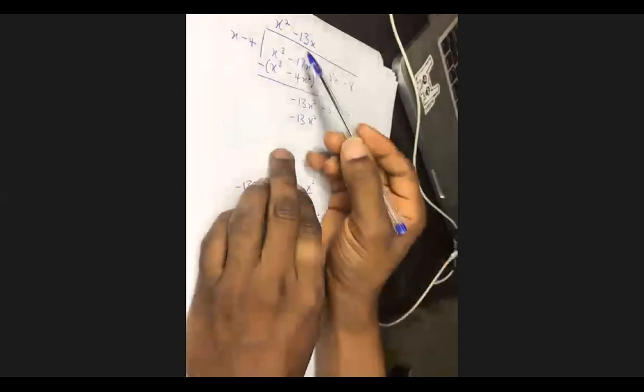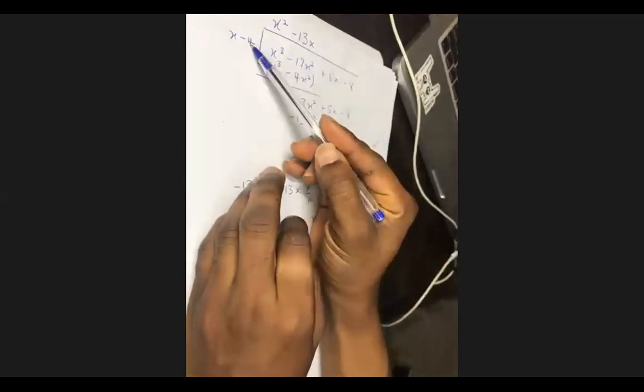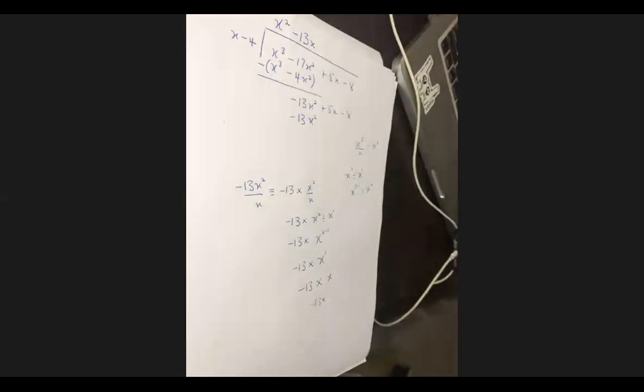Now what is negative 13x times negative 4? It is something like negative 13 times negative 4. Then you just add your x. 52. Good.